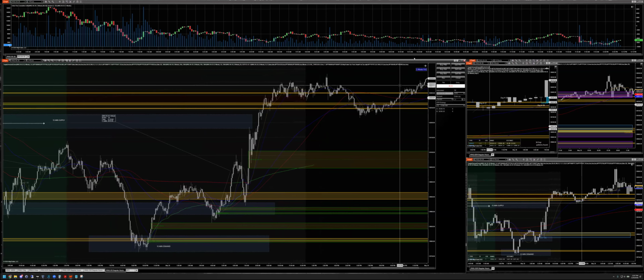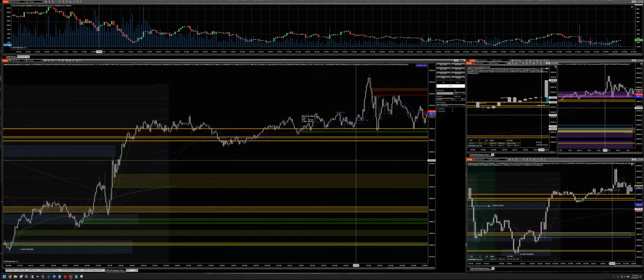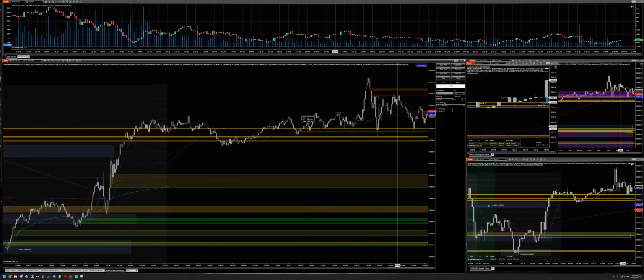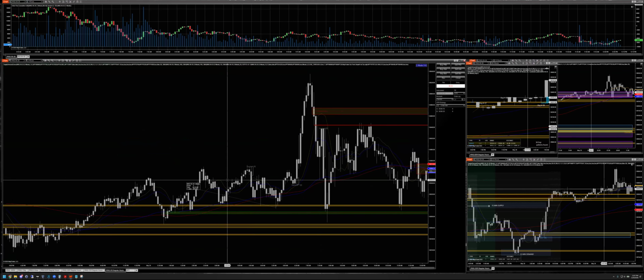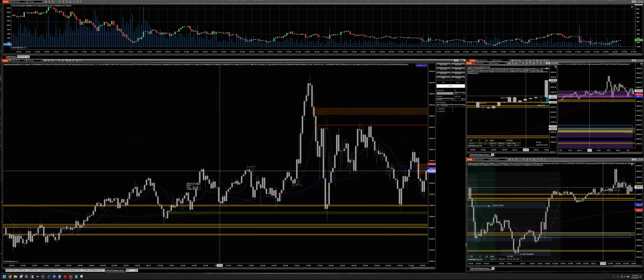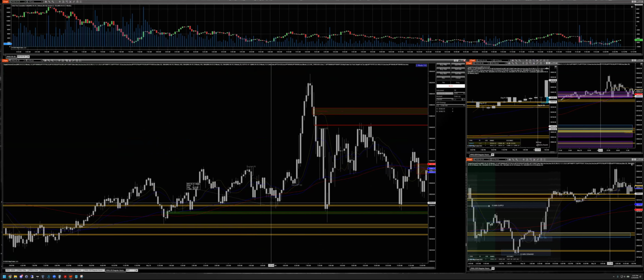Supply and demand. Like, say for instance, these ones here. It created this supply when it was going down, but there's a demand down here also. So usually I can trade from supply to demand, or supply to a doji.